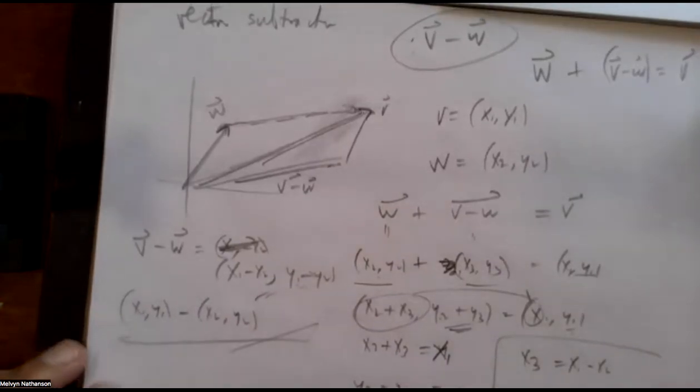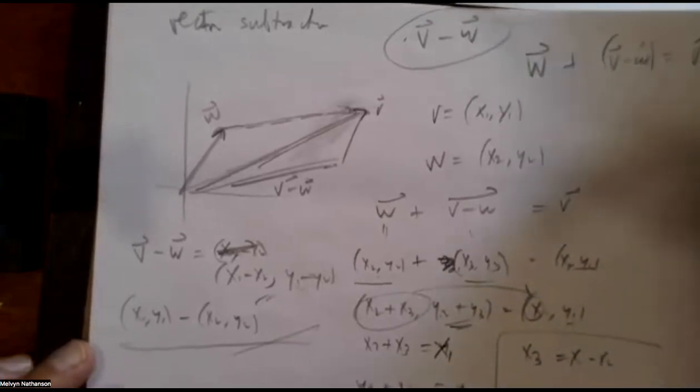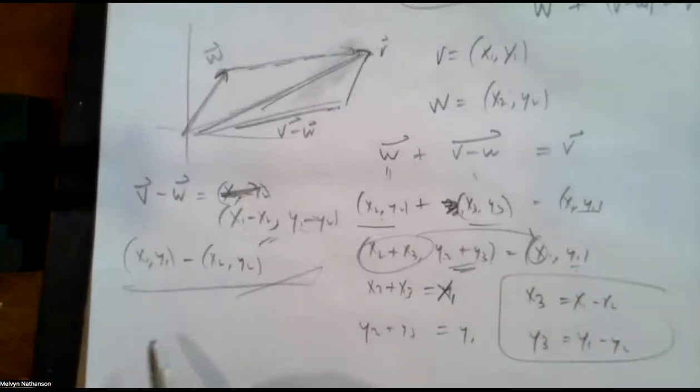So maybe that's a little bit too complicated an explanation, but the takeaway is the same. What you have to remember is you add vectors in the plane by adding their coordinates, and you subtract vectors by subtracting their coordinates.